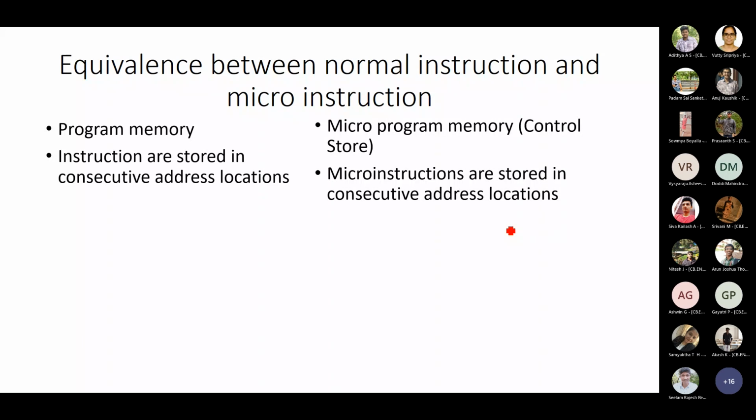That's what it means. Now, the register which keeps track of the address location of the next instruction to be executed is your program counter. The similar counterpart, this register stores the address location of the next micro instruction to be executed, and here you call it the mu PC.